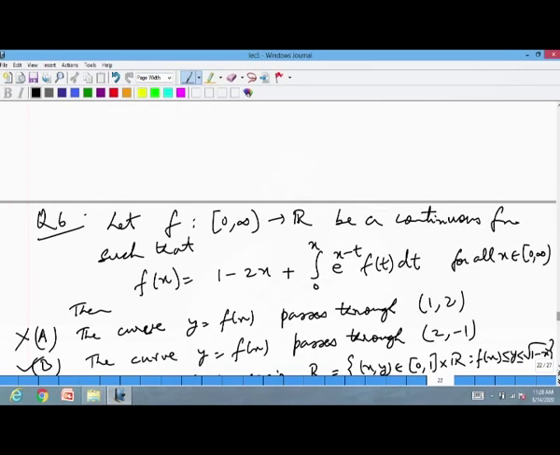So, this problem shows that sometimes the equation is not given in terms of a derivative, rather it is given in terms of an integral. So, it is an integral equation, but by differentiating this we can convert it into a differential equation, and you have to find some initial condition.